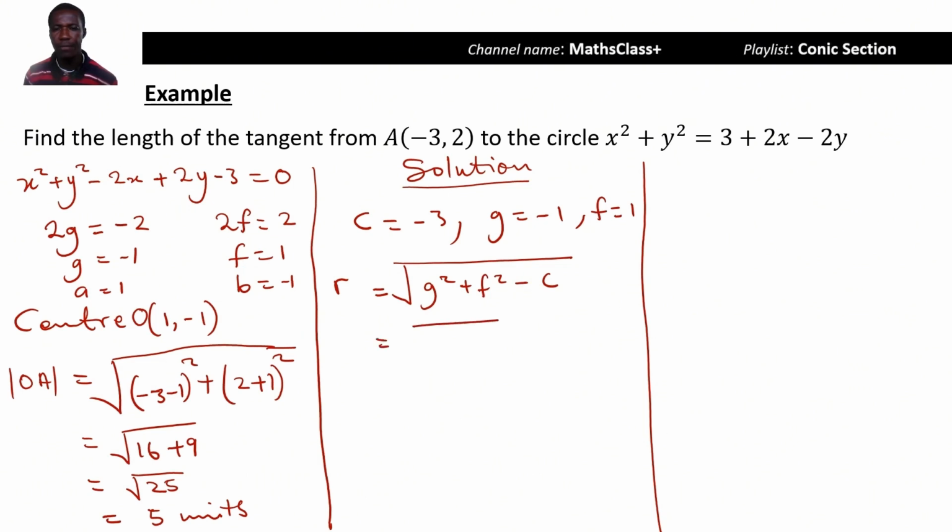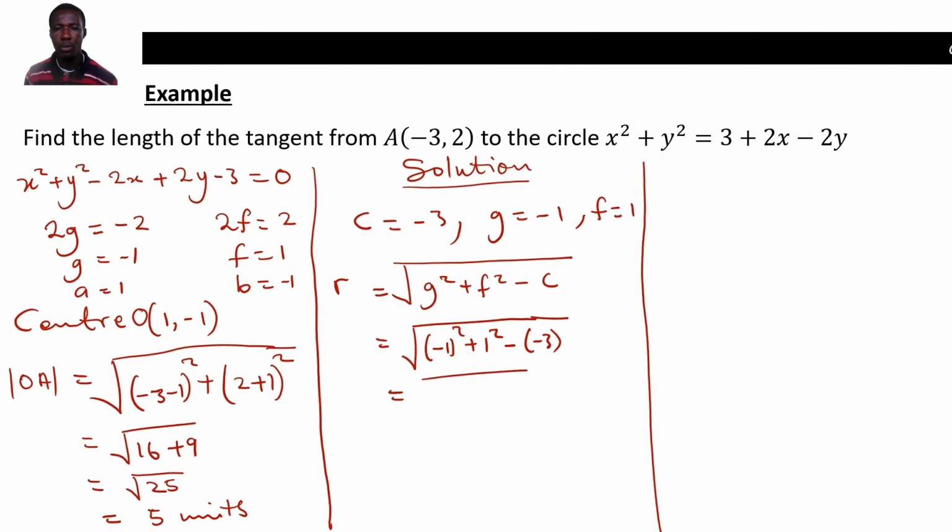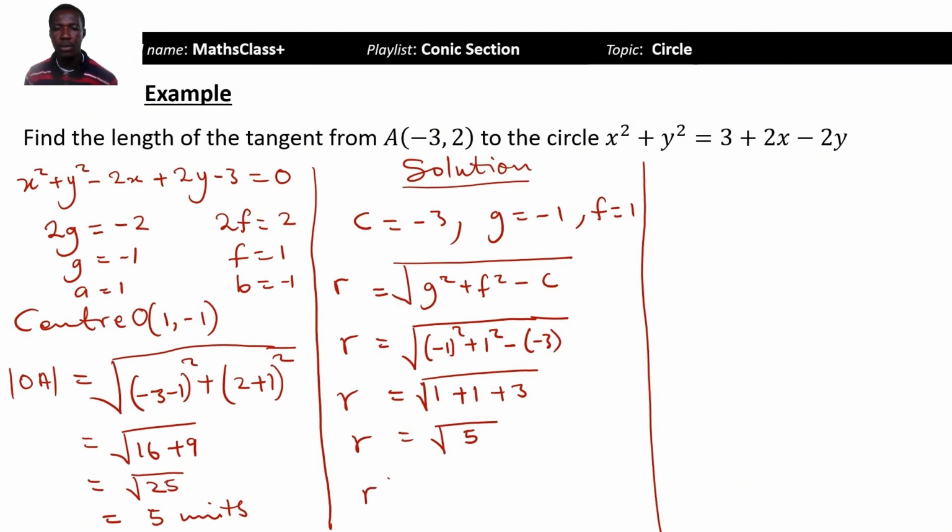And that we have (-1) squared plus 1 squared minus negative 3. So we have root of 1 plus 1 plus 3. That is root of 5. And so this is our r. We can say our r squared will be equal to 5.